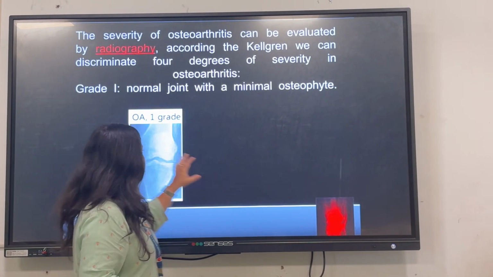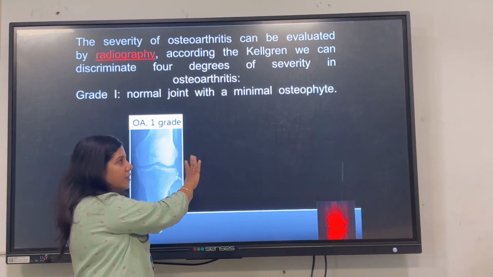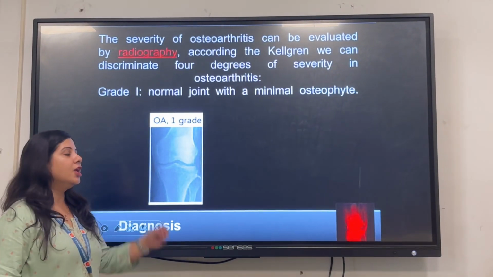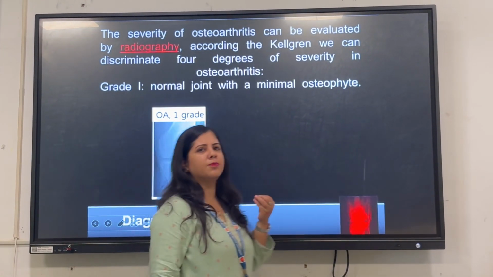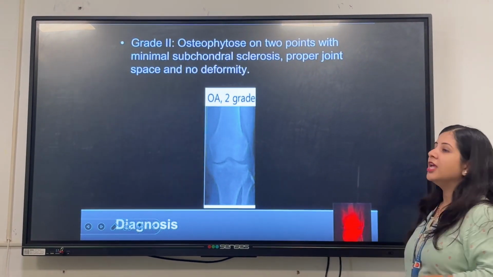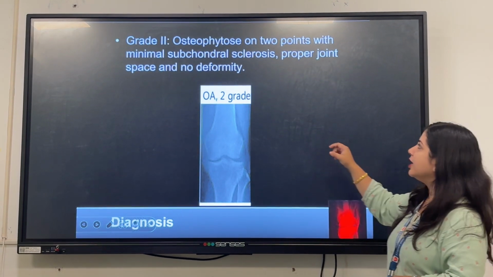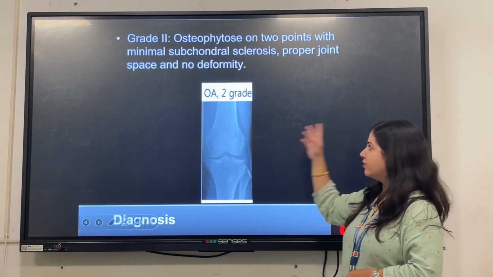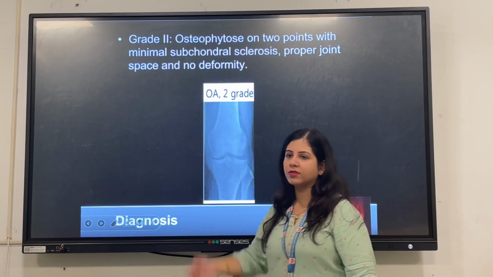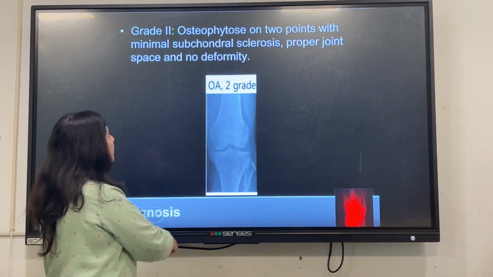Grade 1 means everything is normal, but there is minimal osteophyte formation. The patient will come with just mild pain. The next grade is grade 2. In grade 2 there will be osteophyte formation and subchondral sclerosis. What do you mean by subchondral sclerosis?